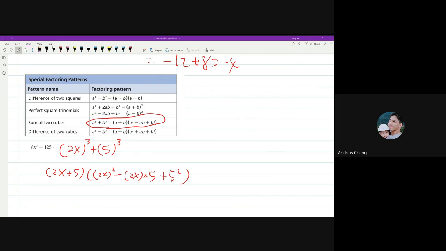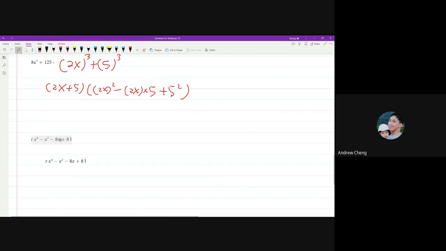Another skill you have to learn is factoring by grouping. So this one. Okay, the first two terms, the ratio is 1 to -1. The third and fourth terms are 1 to -1 as well. So we will group these to form a group, and these to form a group.